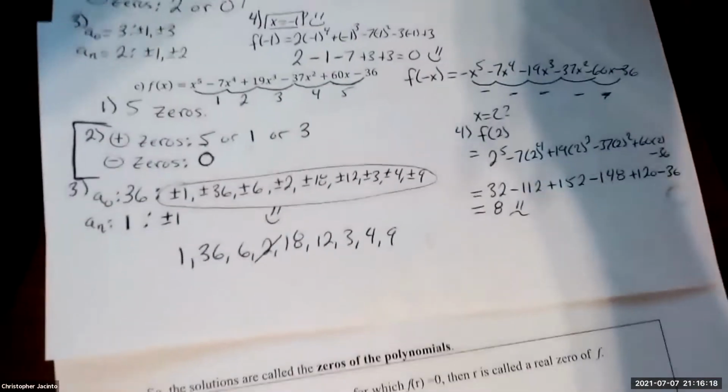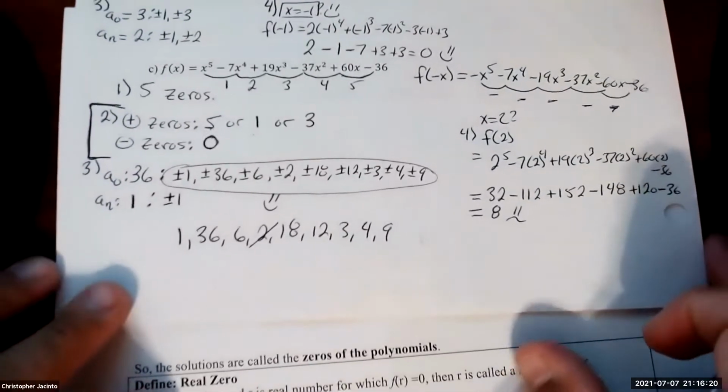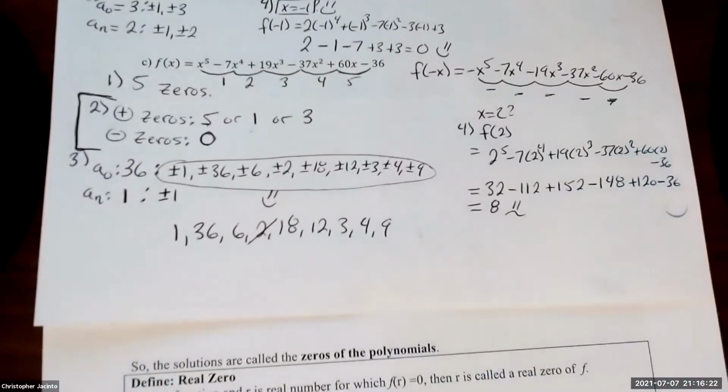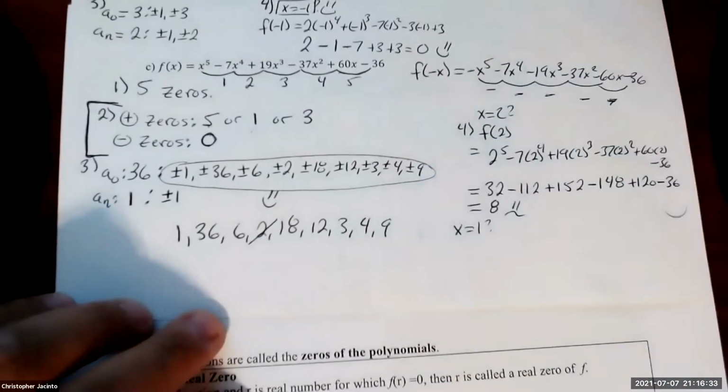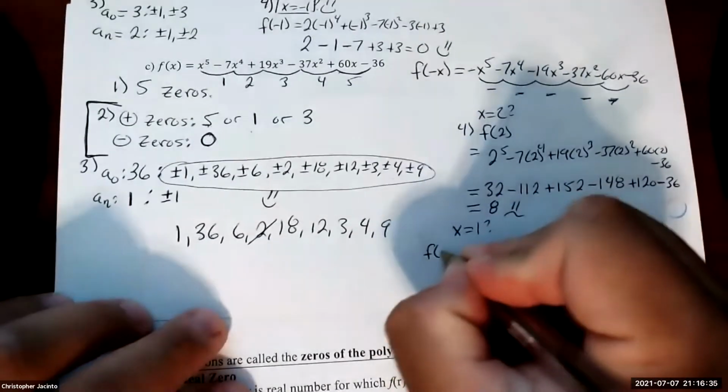All right, so what's another number you guys want to try? 1? All right, let's try 1. Let's see if x equals 1 works. So we'll plug it in and see.